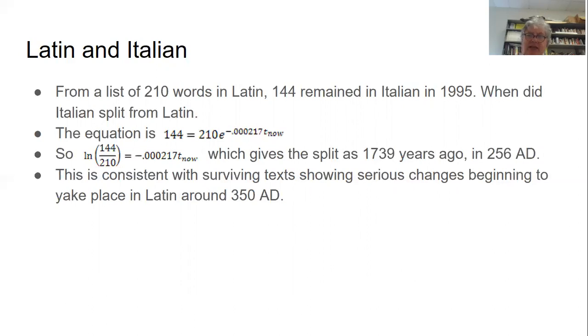And this is actually consistent with surviving texts which show serious changes beginning to take place in Latin around 350 AD. Of course there's going to be some sort of disconnect because the written record is limited to what you can find.